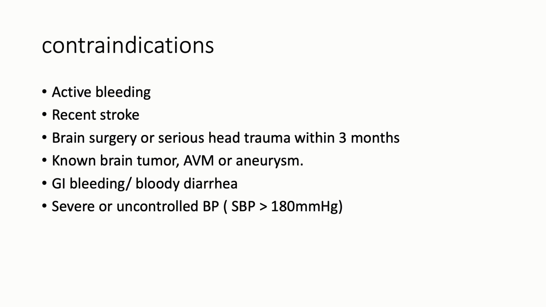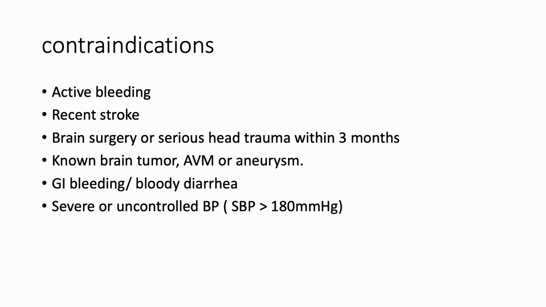We would probably go with a more interventional approach in those cases. Further contraindications include history of brain tumor, AVM, or cerebral artery aneurysm, and obvious GI bleeding or bloody diarrhea, although I think these are more relative contraindications because GI bleeding can be corrected with intervention.